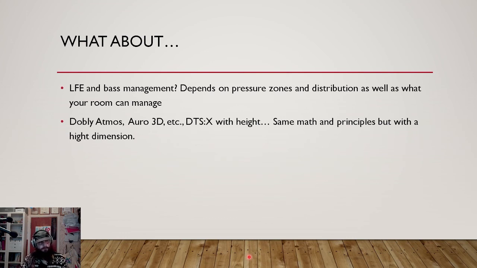Also for Dolby Atmos or a 3D DTS:X with height, any format with height monitors, you use the same principles, but you will also need to just take the triangles and shift them up to the vertical plane. So you do the same math, you just do it upwards instead of to the side. And in some cases you need to do both.